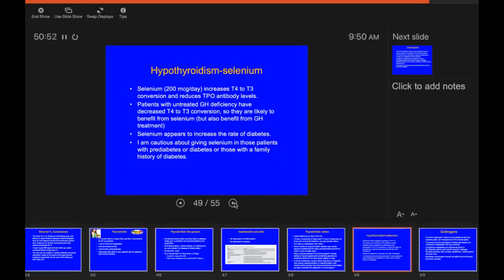So because of that, I'm a little cautious with people that have prediabetes, or someone with a strong family history of diabetes. I don't want to tip them over to diabetes. If I put them on this, I would watch their hemoglobin A1C, for example. If somebody already is on thyroid medicine, especially T4 and T3, I mentioned what you need this for, because you're already getting the T4 and T3 that the selenium will help with the conversion of.